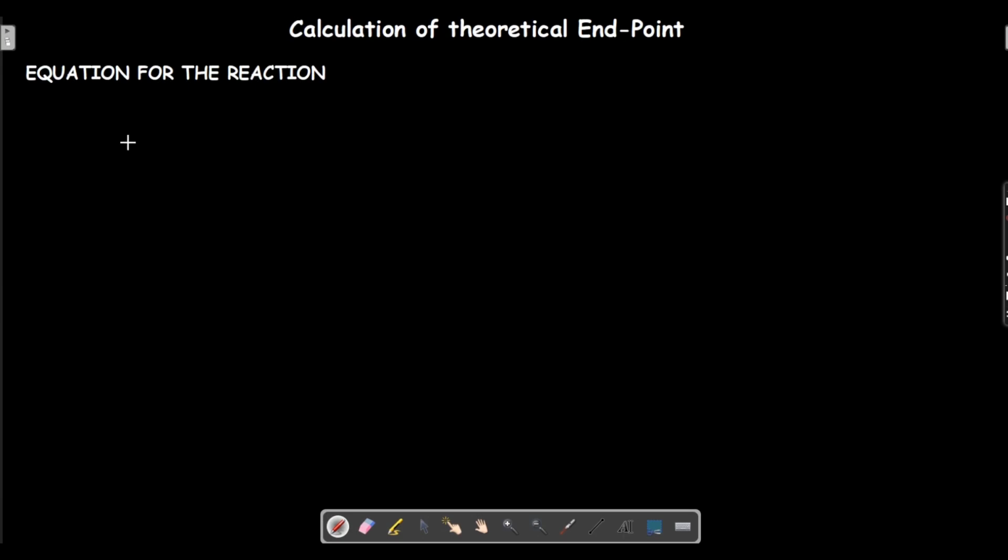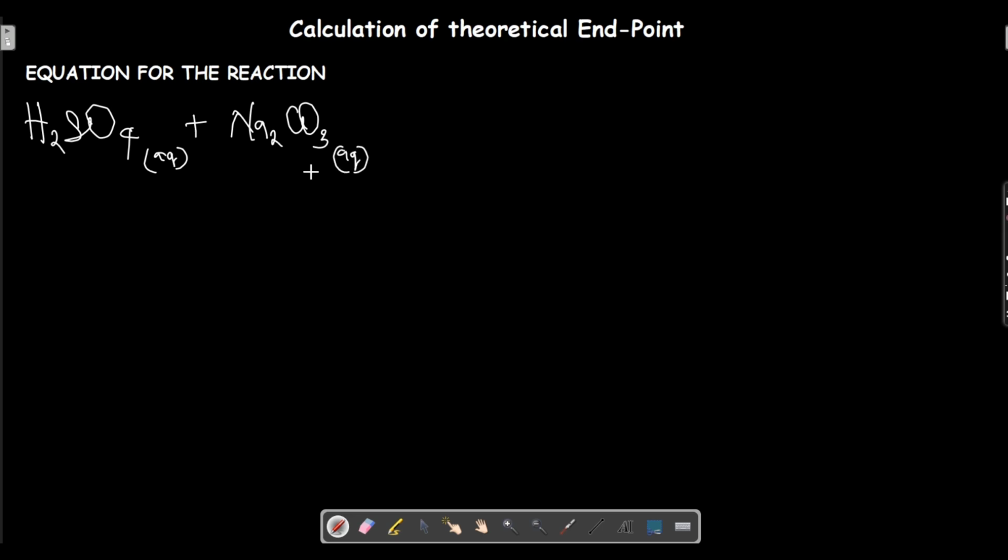Now for you to get the theoretical endpoint of this reaction, first we need to get a balanced chemical reaction. This titration is between sulfuric acid, H2SO4, aqueous, plus sodium trioxocarbonate 4, which is aqueous also.